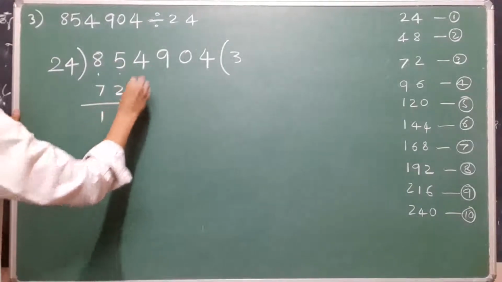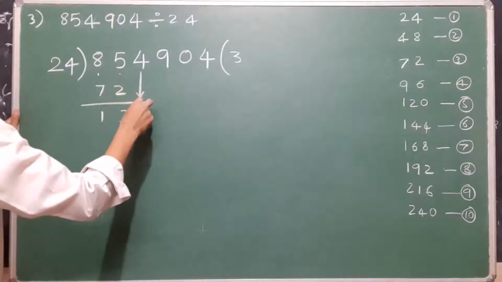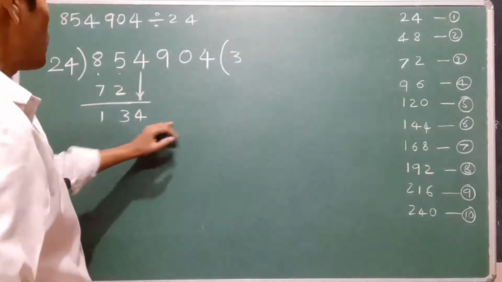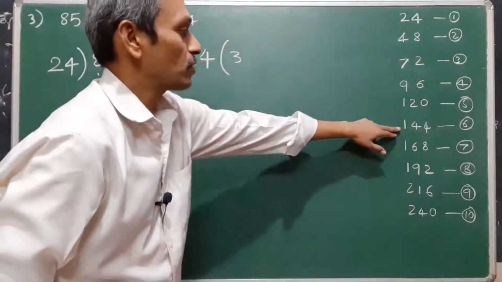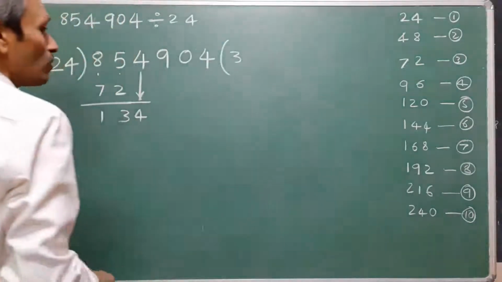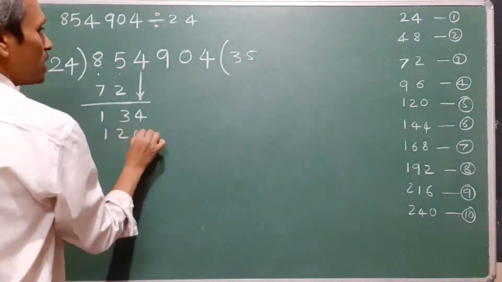3, 1, 13, take the next digit just after this 5, that is 4, becomes 134. Now search for 134, it is not there, 144 is there, which is greater, so less than 134 is 120, that is 24 5s are 120.